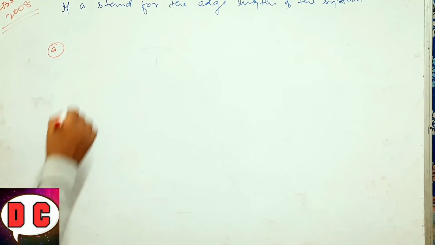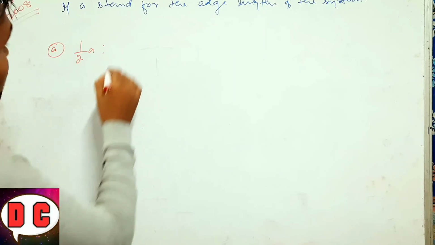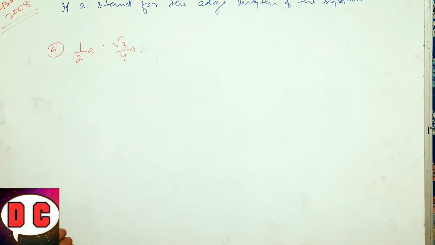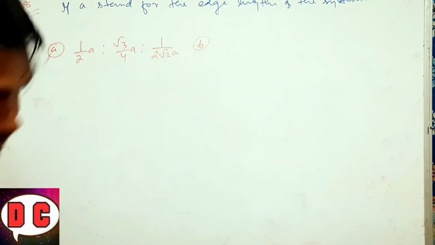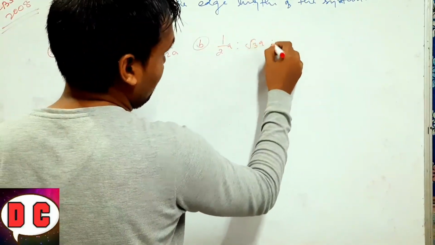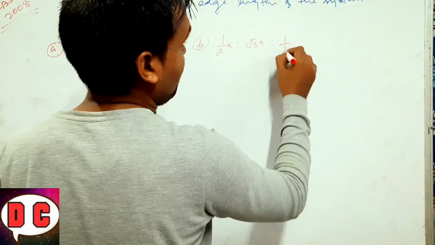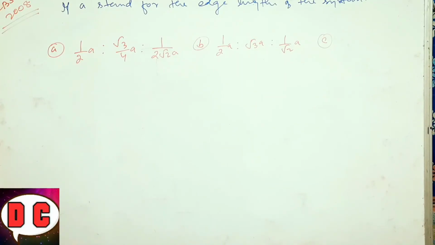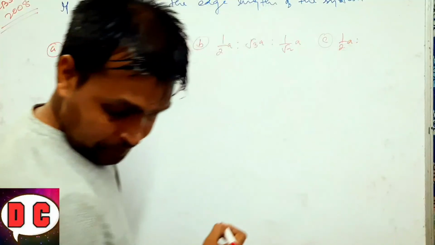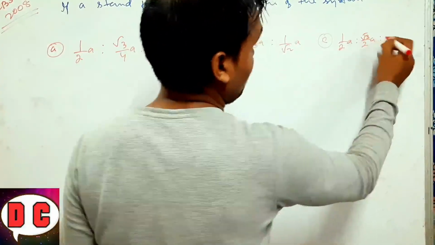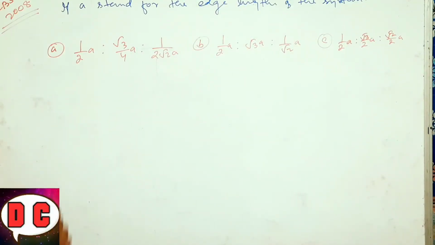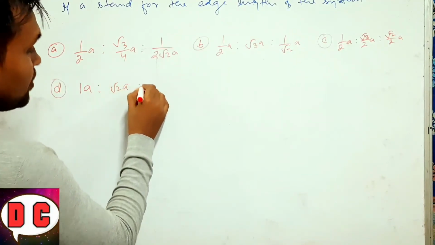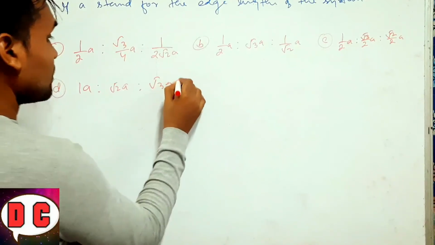Option A: 1/2a : √3/4a : 1/√2a. Option B: 1/2a : √3a : 1/√2a. Option C: 1/2a : √3/2a : √2/2a. And option D: 1a : √2a : √3a. So these are the options given.